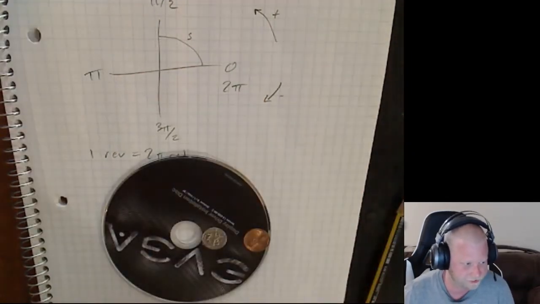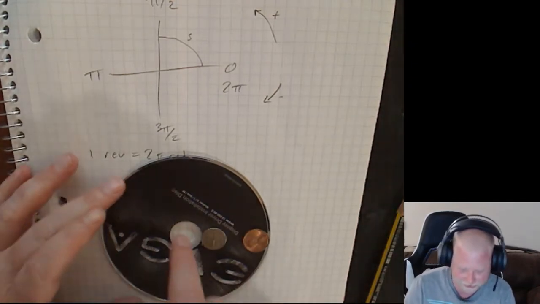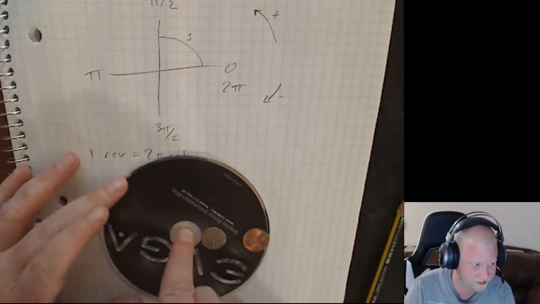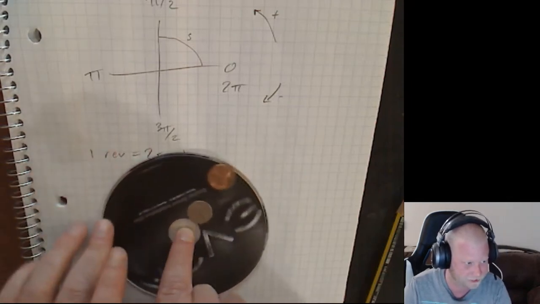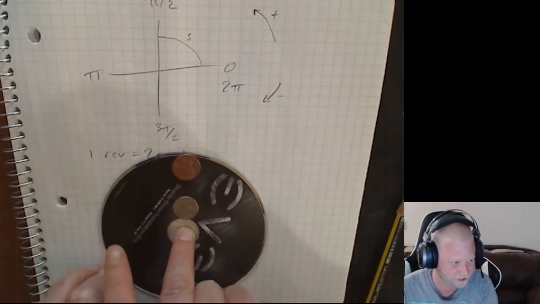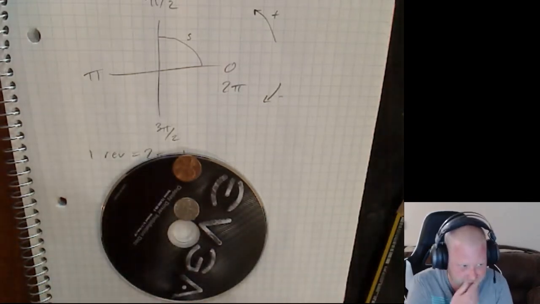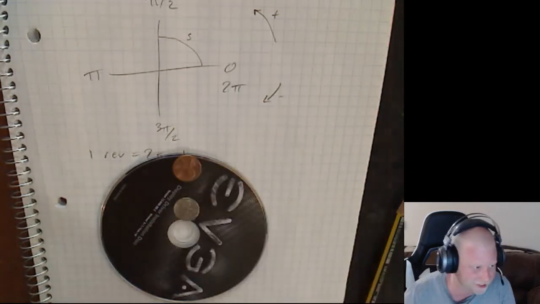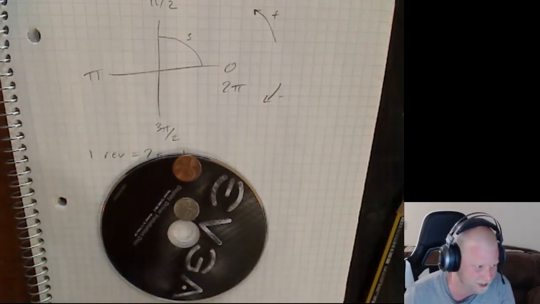So for instance, if we're looking at a dime and a penny on the CD, as it spins around the center of rotation right here, the center of the CD, if we were to rotate this pi over 2 radians, they've both undergone the same angular displacement. But the penny has traveled a greater arc length than the dime has.